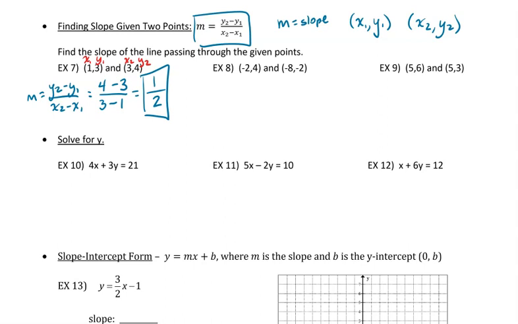All right, let's try example 8. Example 8 is going to be very similar. This time we do have some negatives, so we're going to have to be a little careful about those. So again, m equals y2 minus y1 over x2 minus x1.